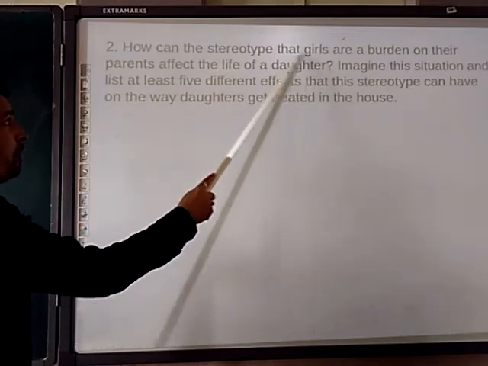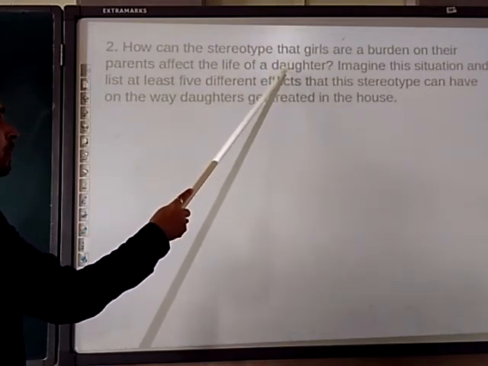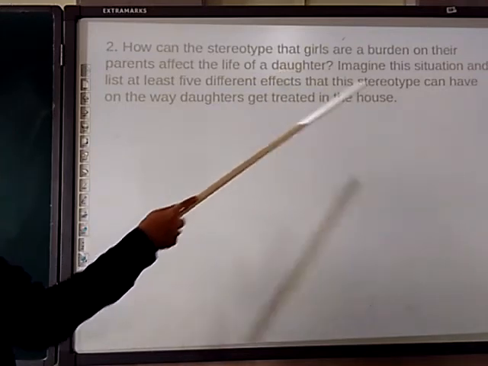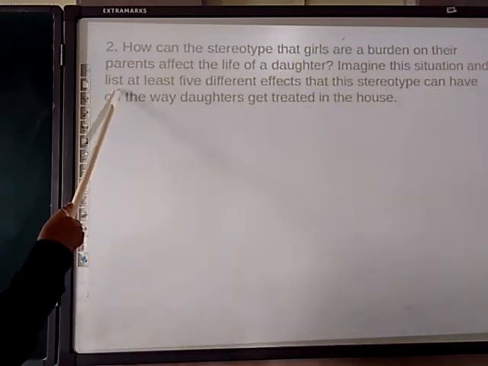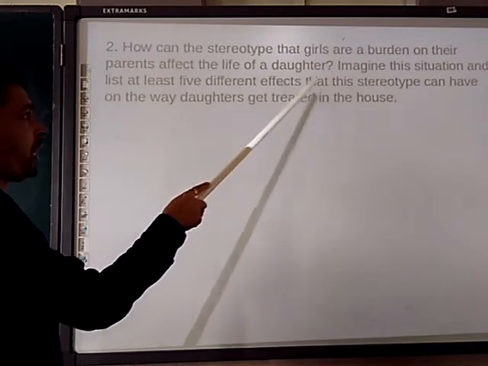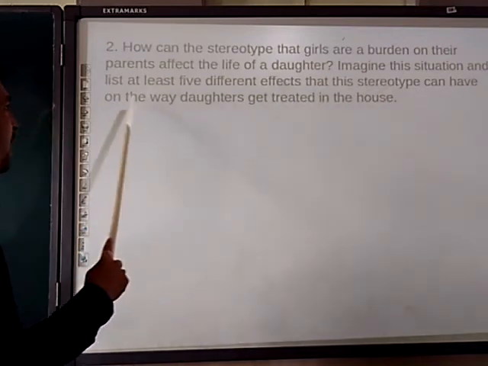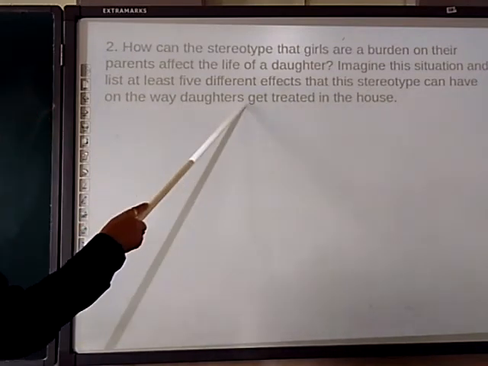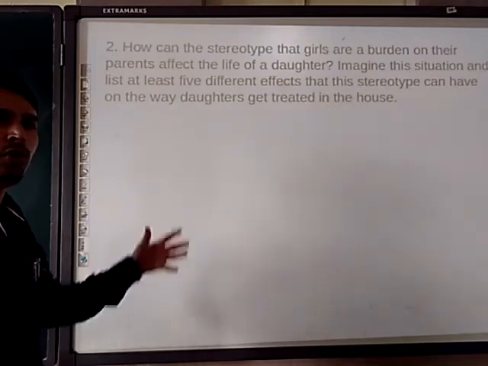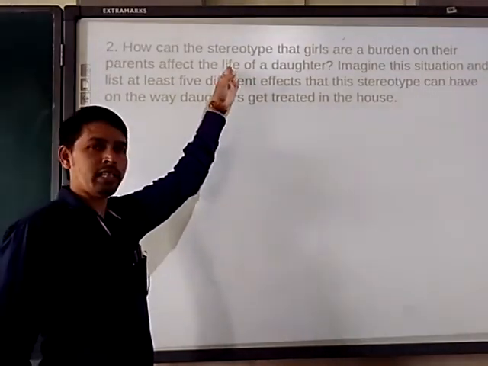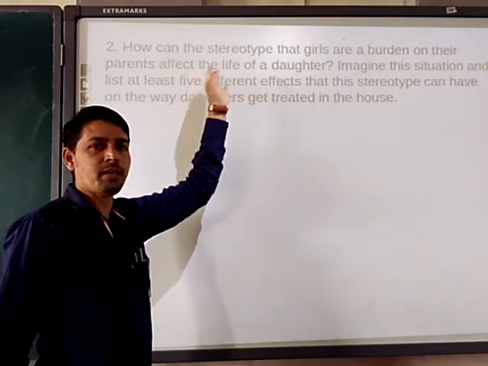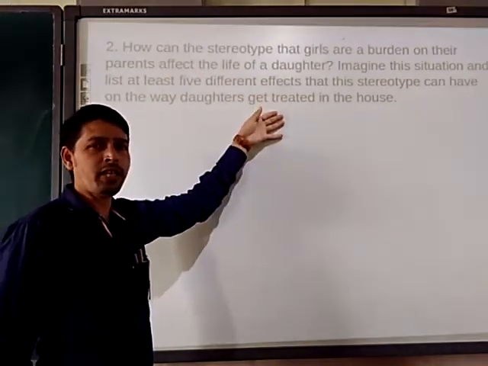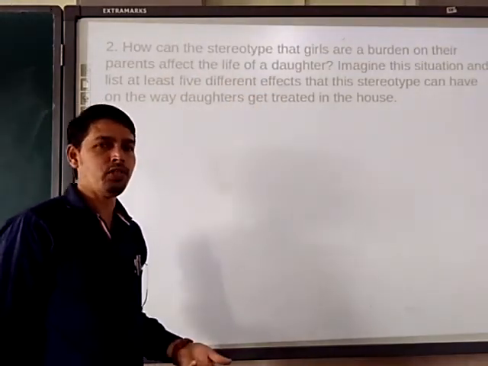So we are going to see what is the effect on the life of the daughter. If they are thinking that girls are a burden on them, so they are naturally going to be in a disadvantaged situation.